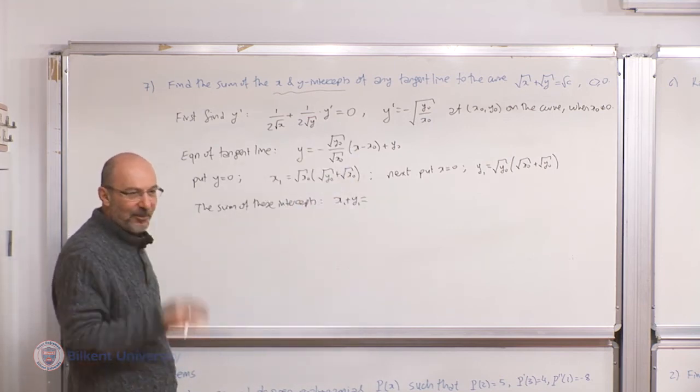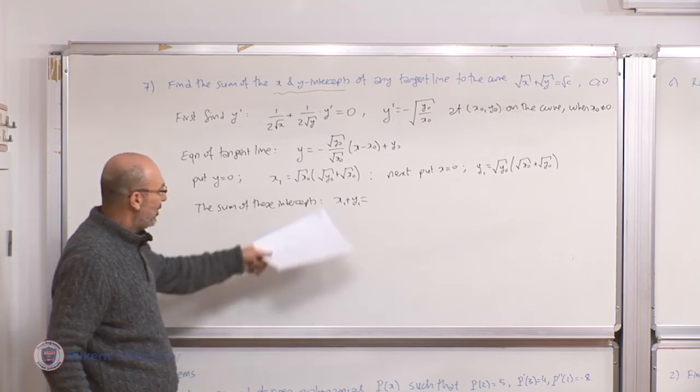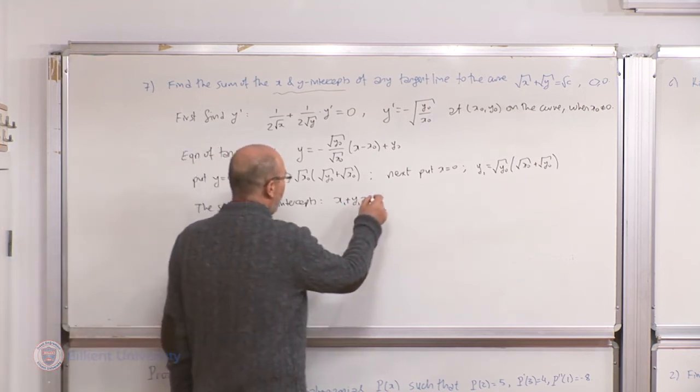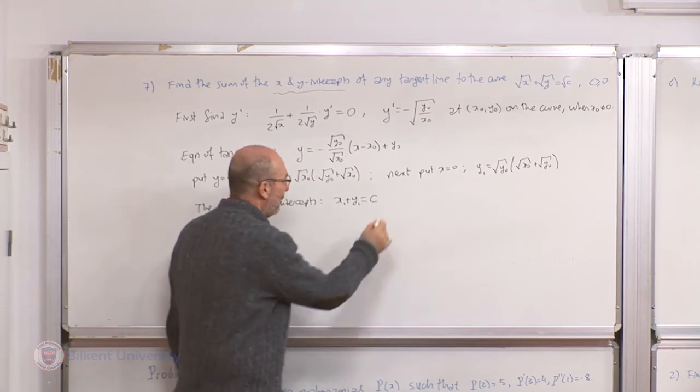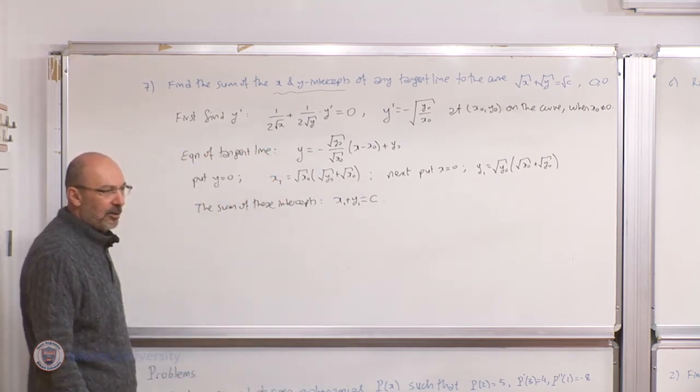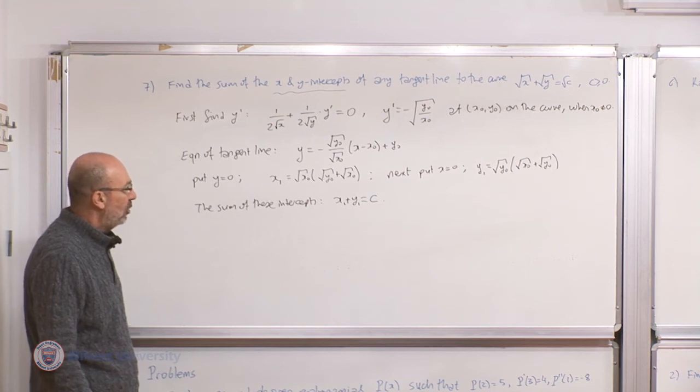Somebody says, well, inside is square root c, so you add these things, then c. And I told you that you would be surprised. So no matter where you do this, you'll get c.